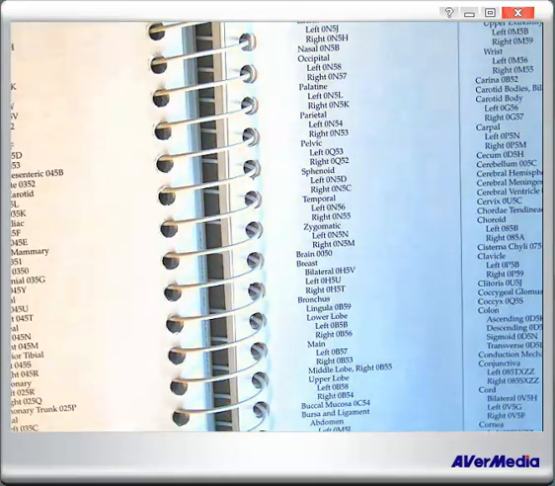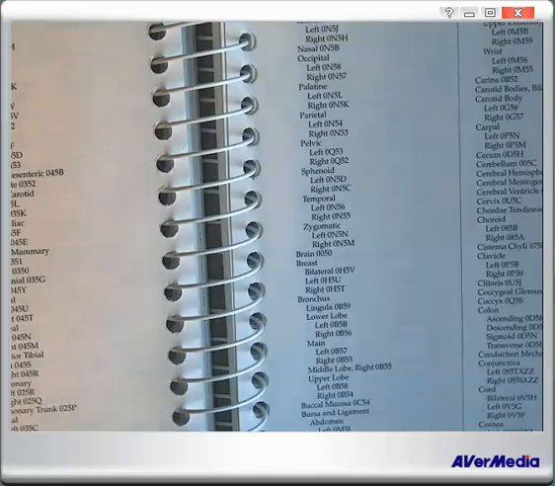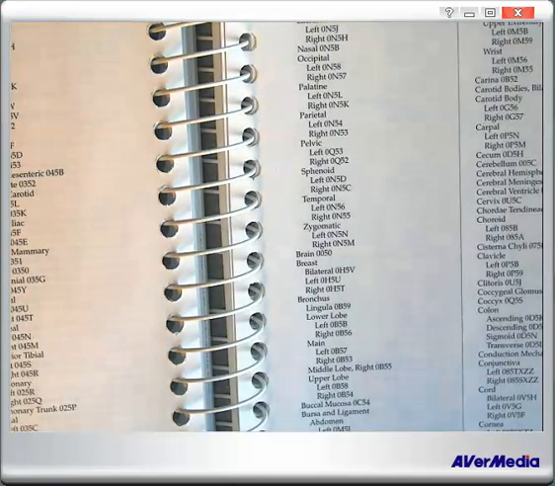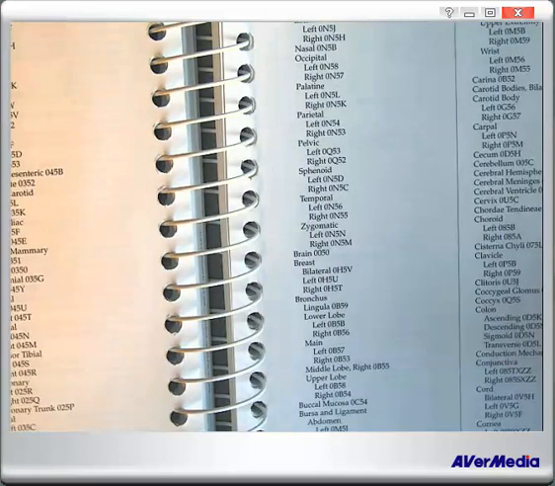Now what are we destroying? We're destroying a lesion, but do you remember what we look up as our subterms? Do we look up a lesion or do we look up the body part? We look up the body part. So what was the body part? It was the sigmoid colon.